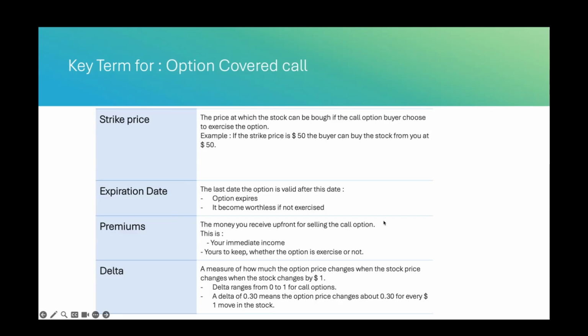Premium: the money you receive upfront for selling the call option. This is your immediate income, yours to keep whether the option is exercised or not.